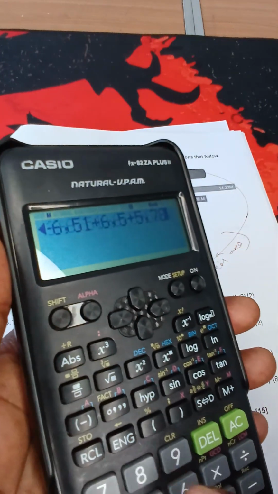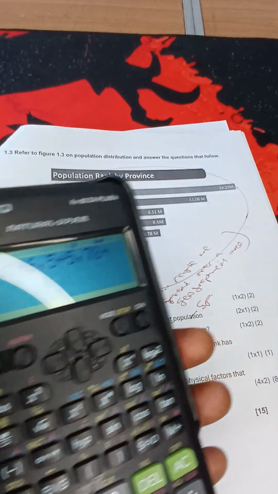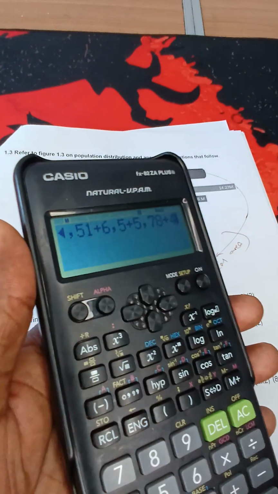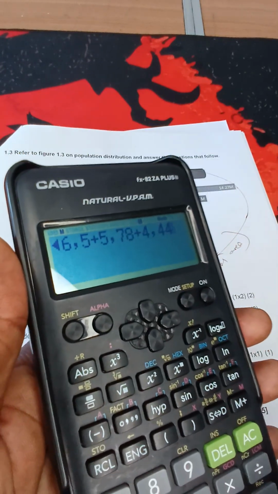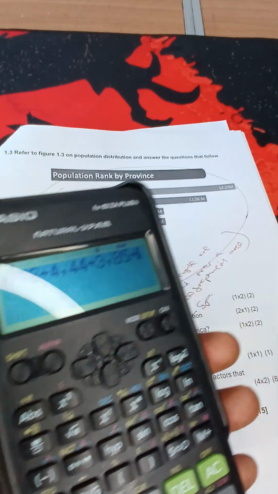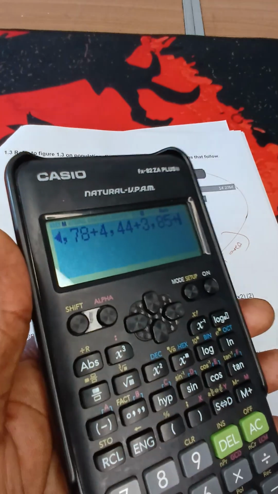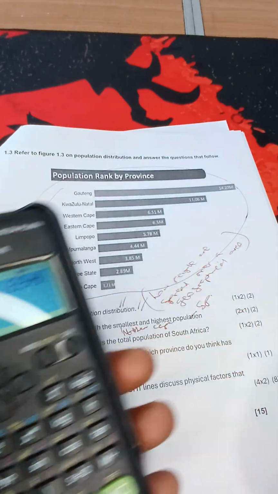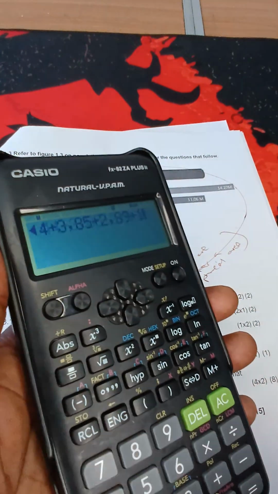plus 5.78 plus 4.44 plus 3.85 plus 2.89 plus 1.21.